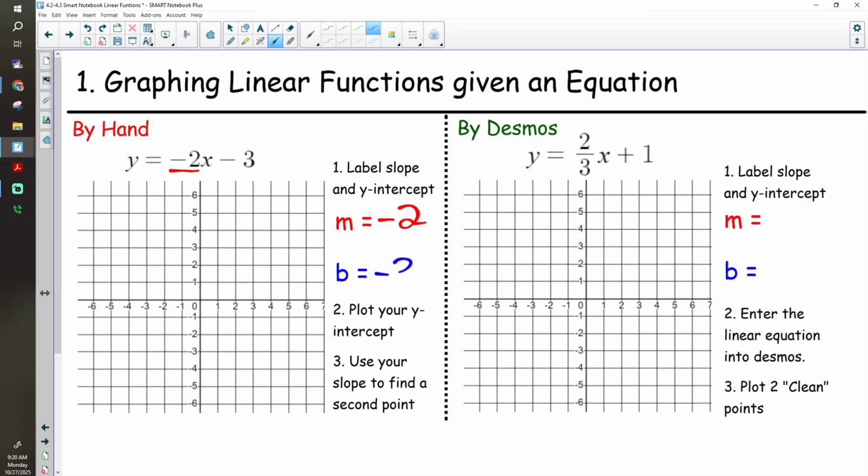These are the only two things we need to graph our line on the coordinate plane. So, we're going to first plot the y-intercept. If the y-intercept is negative 3, the b value is always the y-intercept, we go to the y-axis, which is the one that goes up and down, and where are we going to plot a point? On negative 3.